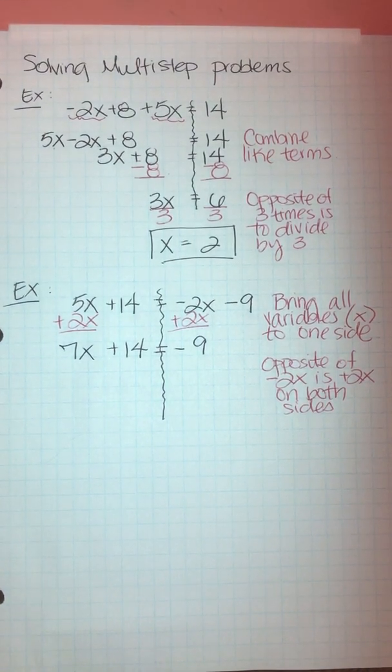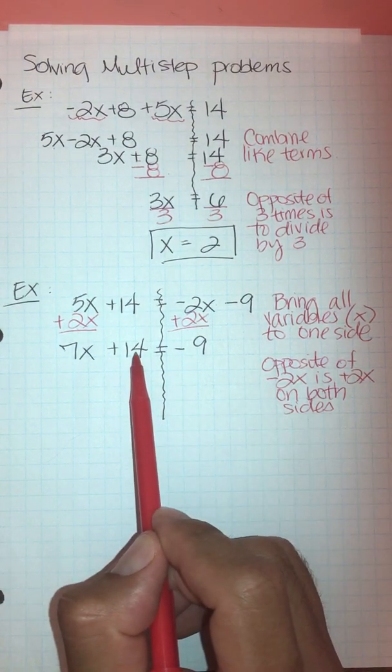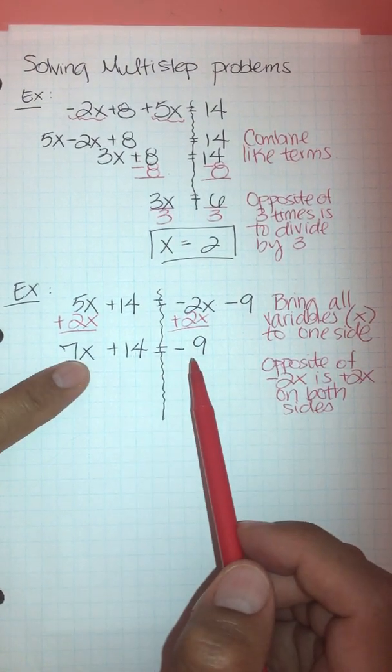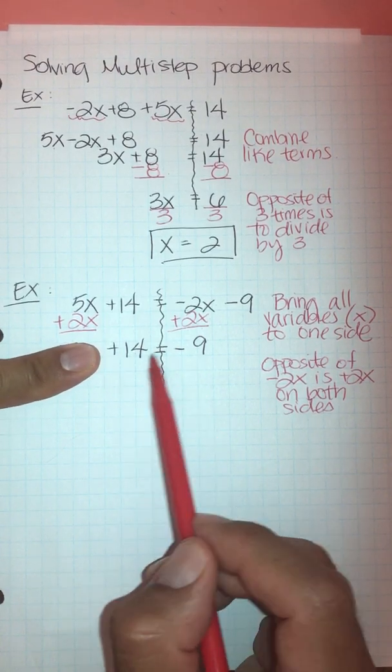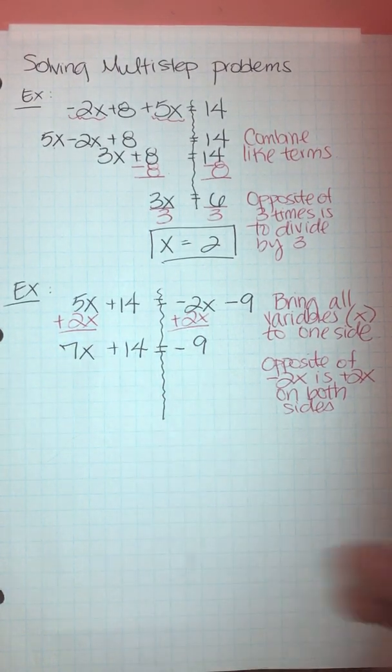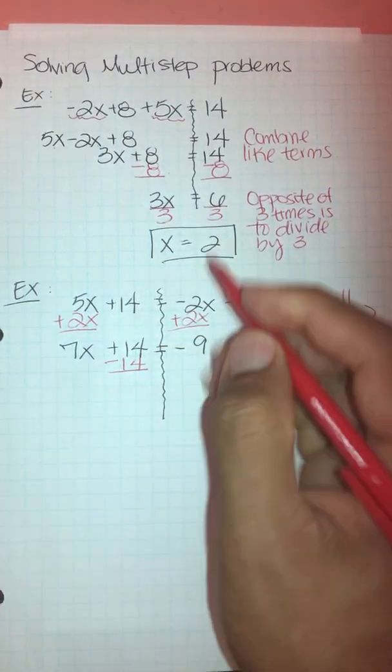And this becomes a very simple problem like the ones we've already been addressing. I need that 14 to go to the other side. Keep in mind the 7x is what I'm going to leave alone. So I got to get rid of this positive 14. Let's go and subtract. Since it's plus, we do the opposite. It's minus.